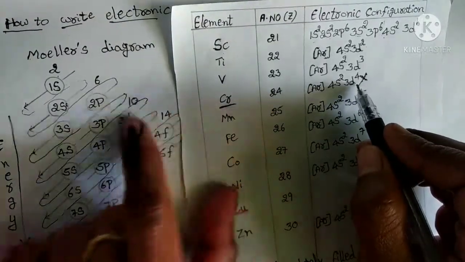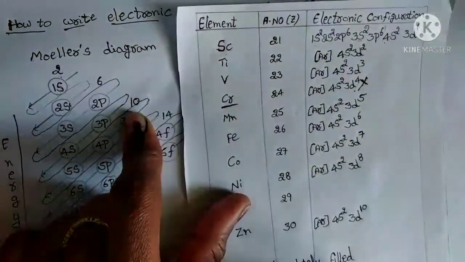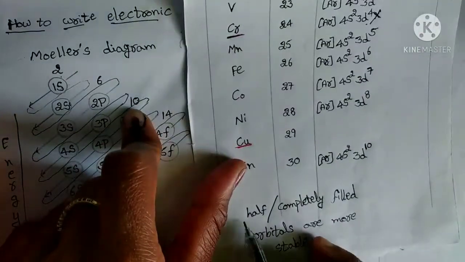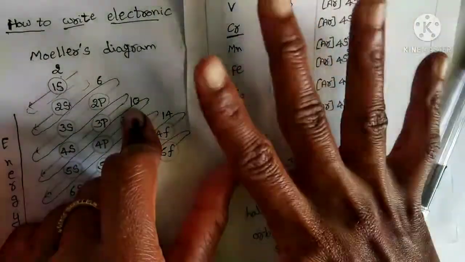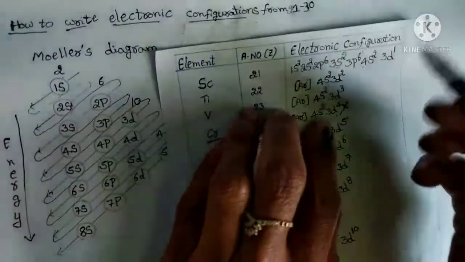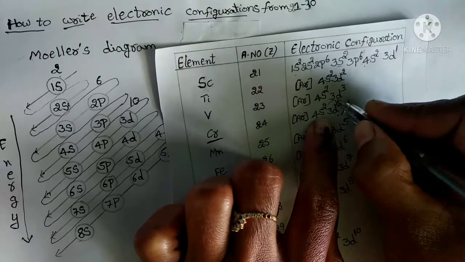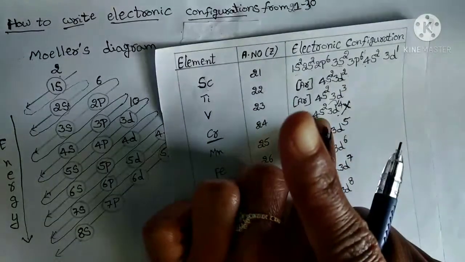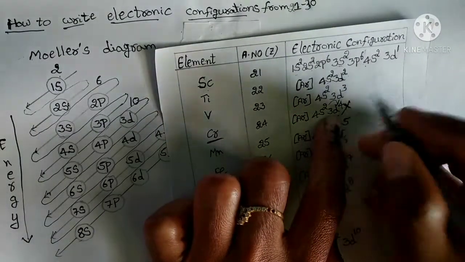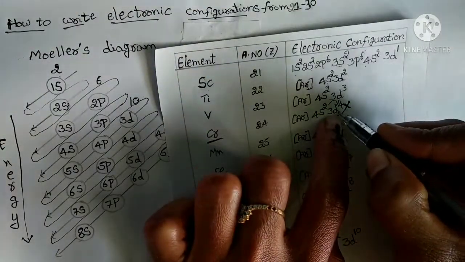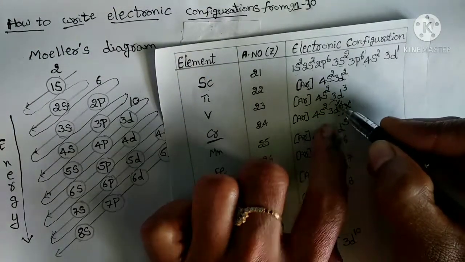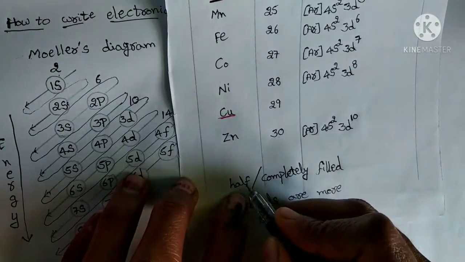Now if you observe, the d orbital capacity is actually 10 electrons. In that, half means how many electrons? 5 electrons. Now please observe here, from 4s, 1 electron is transferred to 3d. 4s will become 4s1 and 3d4 will become 3d5. So what will happen? The d orbital will become a half filled orbital, right?